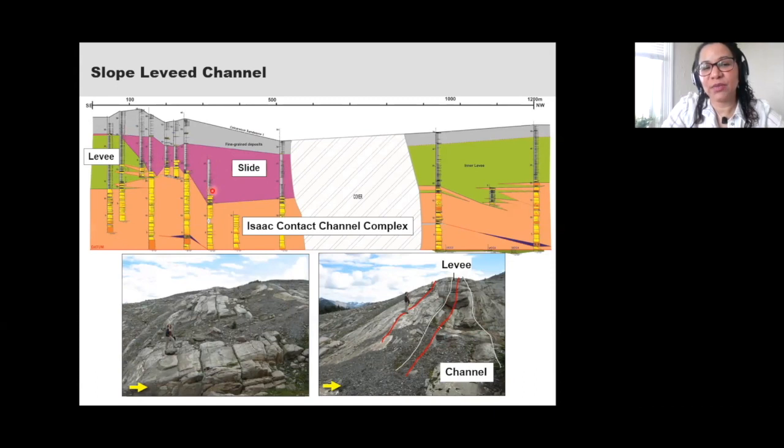That channel is cut locally by the slide, but it is the first actual levee channel found in the area. And this channel showed a clear migration towards the northwest.